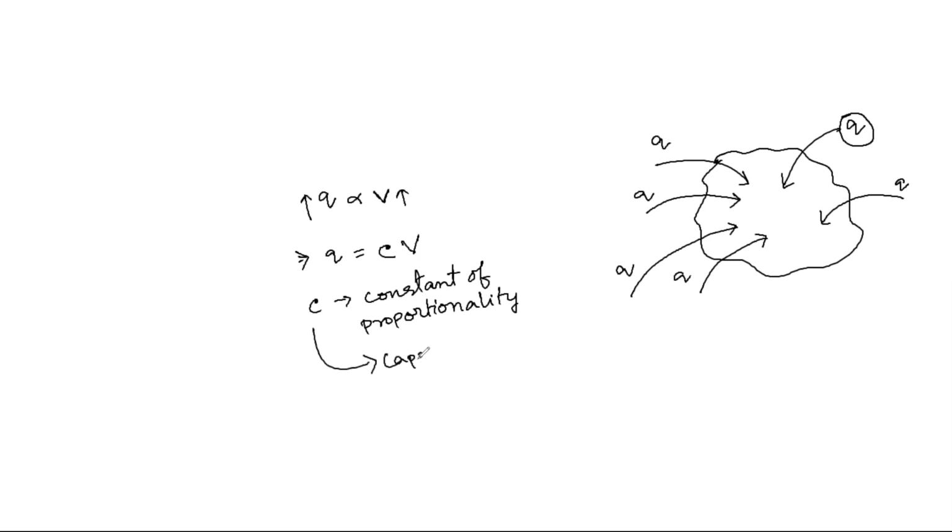We call it the capacitance of the conductor. Now, if I want an expression for this capacitance C, we can write it as Q by V.